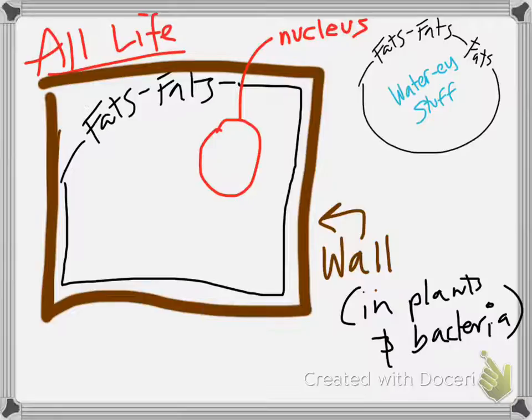What's kept in the nucleus? The DNA. So the DNA is all the instructions for every single thing that this plant cell has to do. And it's kept neatly wrapped up on little sticks.